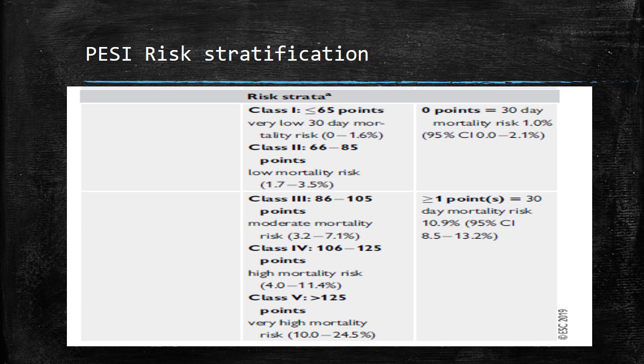Class 1 has a 30-day mortality of 0 to 1.6%, while class 5 has about 25% mortality. And in the simplified version, we have just divided it into two. If there are 0 points, they have a 30-day mortality of 2.1%, and with greater than 1 point we have 13.2% mortality.